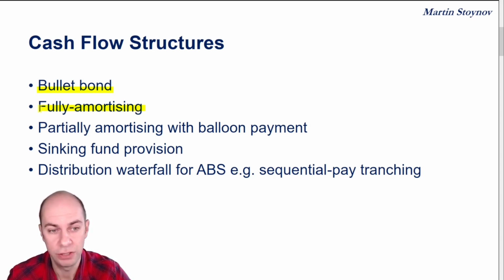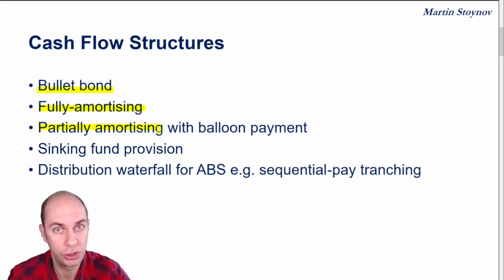A variation of the fully amortizing loan is, of course, the partially amortizing loan, which essentially means that you're still making a payment that contains interest and principal, but the principal portion is not as big as it would have been in the fully amortizing loan. So by some point in the future, when the maturity does occur, you still have a portion of outstanding principal that you have to repay.